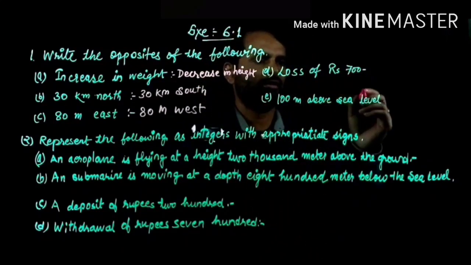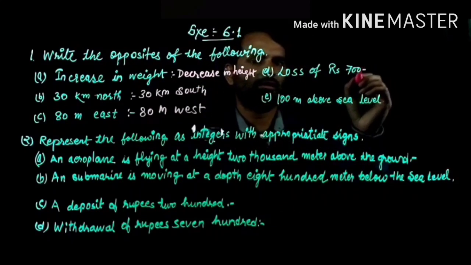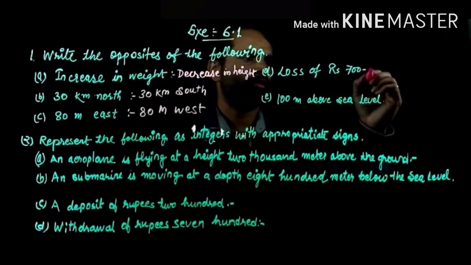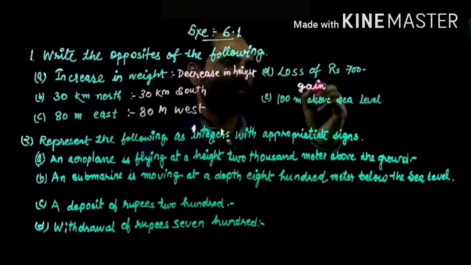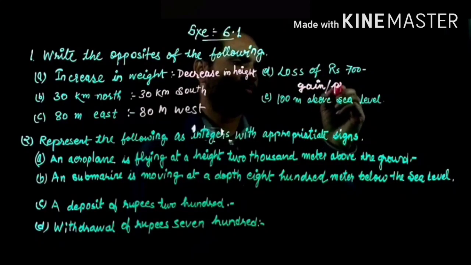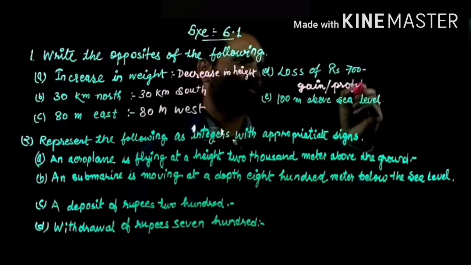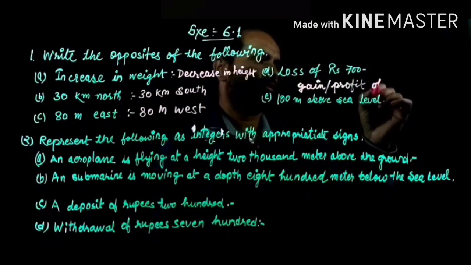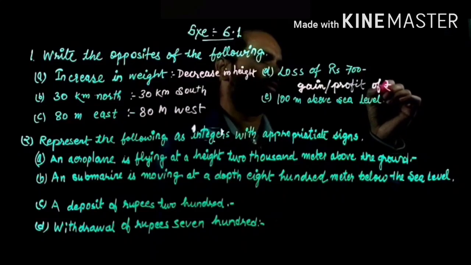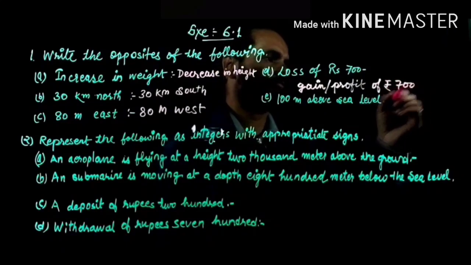Okay, D, loss of 700 rupees. The opposite of loss is gain or profit, so gain of 700 rupees.